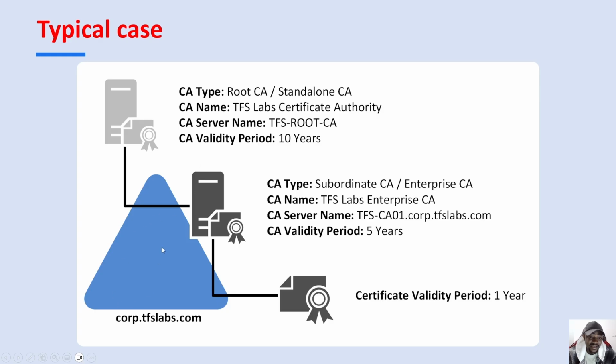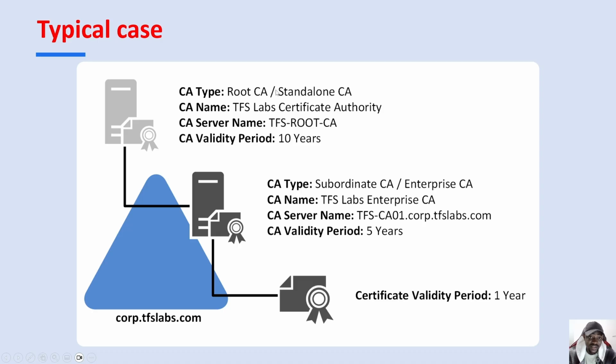Then in the domain, we install a subordinate CA, which is an enterprise CA, as you can see here. That enterprise CA will now be used to generate certificates. Most of the time, certificates are valid for 1 year. So you generate certificates for objects and services.